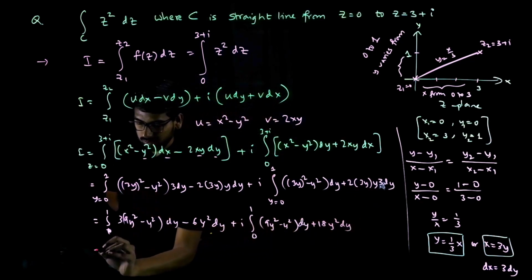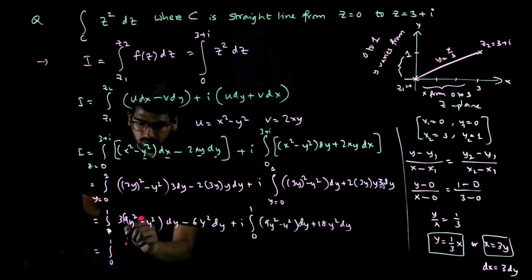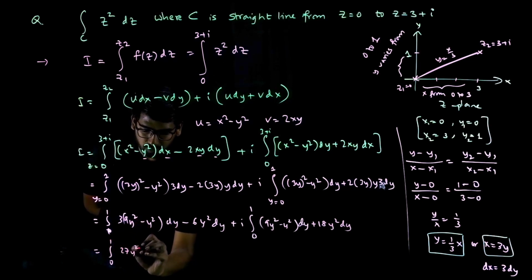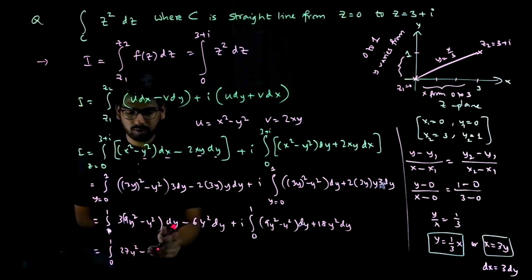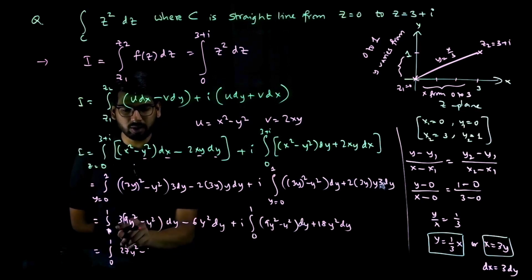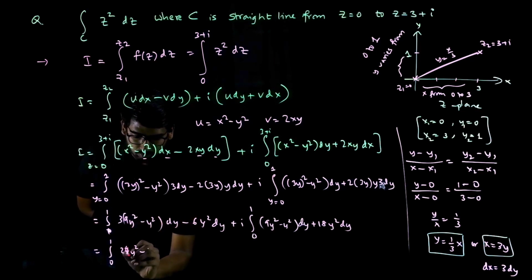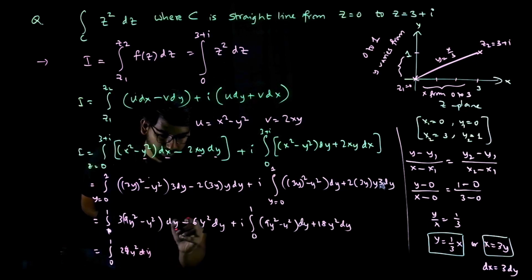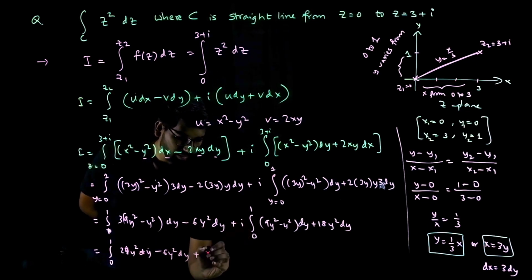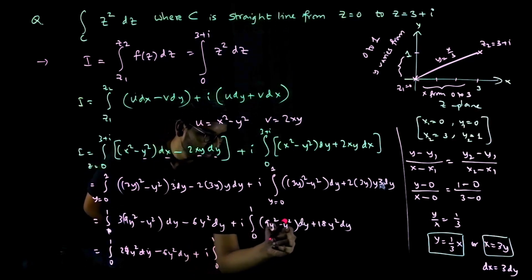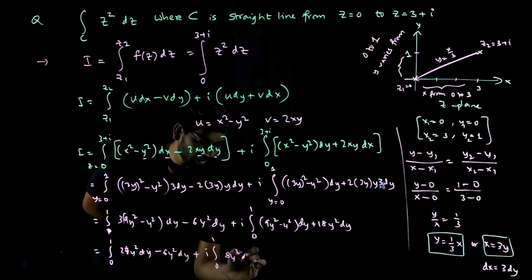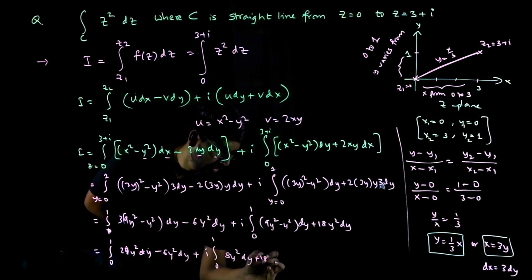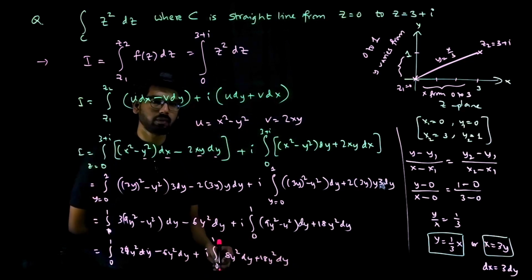So we have here 0 to 1, 9y square minus y square is 8y square, 8y square times 3 is 24y square dy minus 6y square dy, plus i from 0 to 1, 8y square dy plus 18y square dy.